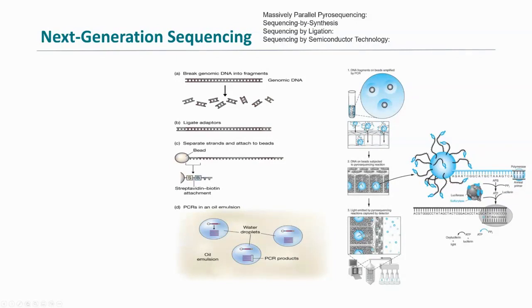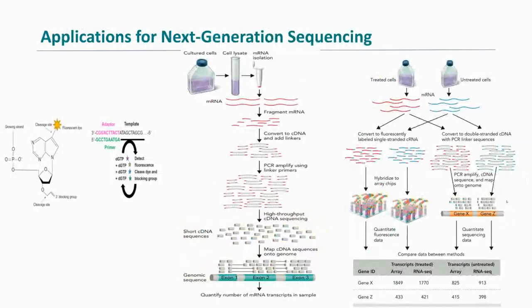Convert APS to ATP, and then in the presence of luciferase, they can produce the energy, and then the energy supplies the enzyme to give the light. So every time when you add one nucleotide, you will emit light, so that you will know that one nucleotide has been added. Okay, that's pyrosequencing.